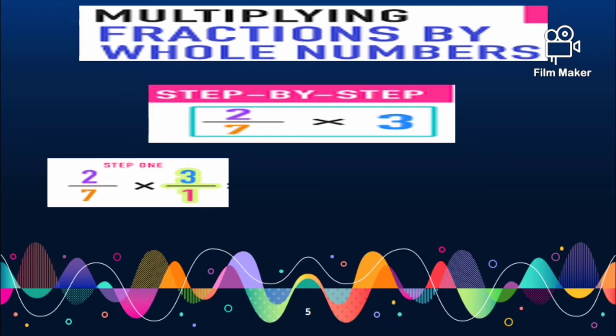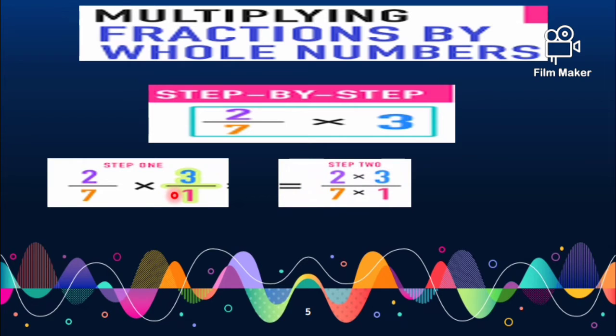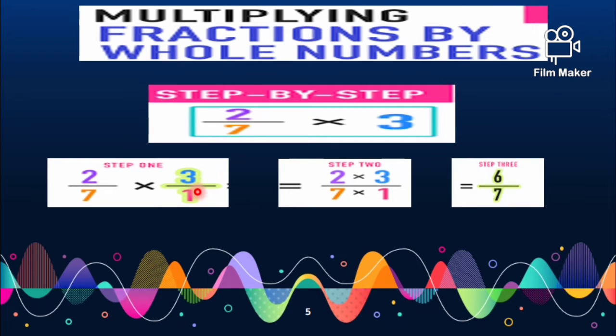Now we have the numerators and the denominators, and according to the rule, we will multiply the numerators together and the denominators together: 2 multiplied by 3 and 7 multiplied by 1 is equal to 6 by 7. 2 3s are 6 and 7 1s are 7.